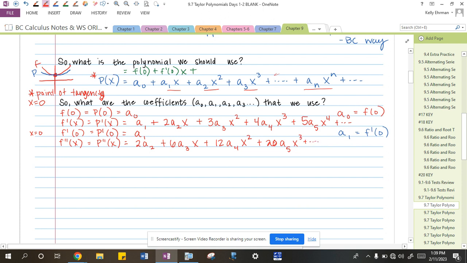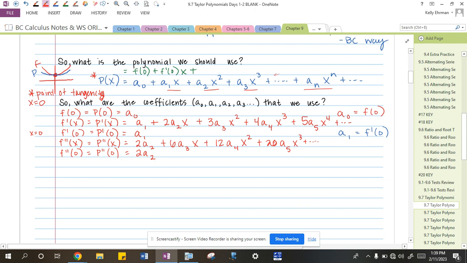This could go on forever. We want to make sure that the concavity matches at the point of tangency, which is at 0. And again, I picked 0 because it's really easy to plug 0 into stuff. So everything falls away except the constant term.